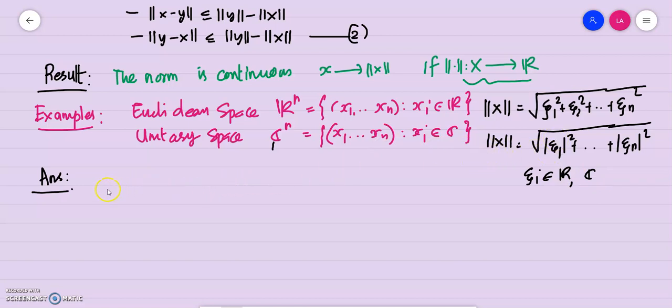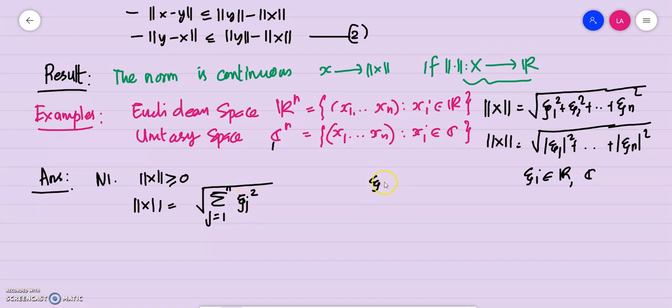So we will be proving that all the conditions of the normed space are satisfied by the Euclidean space and the unitary space. The first condition is N1: norm x should be greater than or equal to 0. So here in the case of reals, norm x is equal to, I will write in the simplified form, the square root of summation j is equal to 1 to n of theta j the whole square.